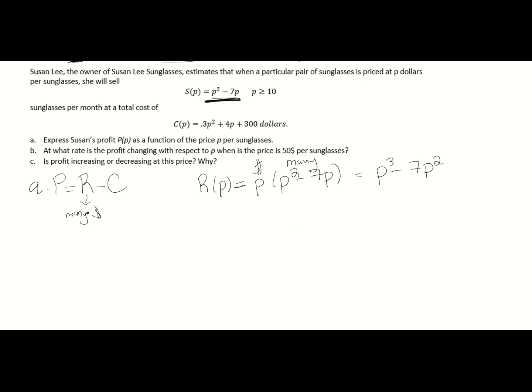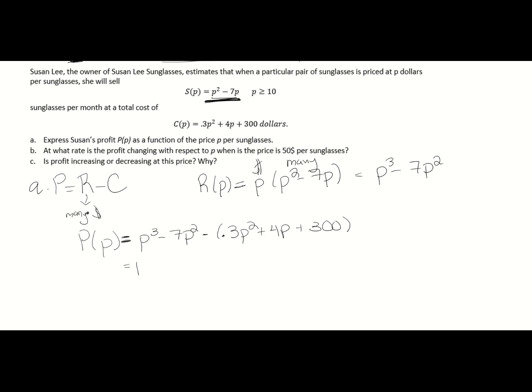The cost is given to you. So you have P of P is going to give us the revenue, P cubed minus 7P squared, minus, use parentheses, 0.3P squared plus 4P plus 300.